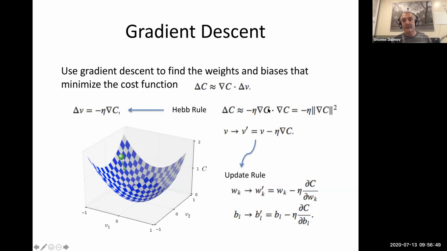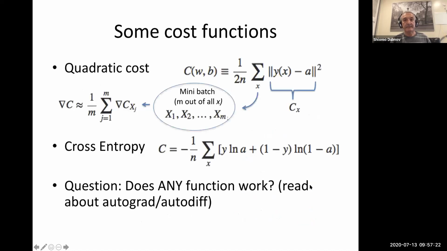Given the Hebb rule, we see that the change is proportional to the square of that gradient with some step, and this is our learning rate. The way we update the weights is that we take the previous weight and update it by this delta. Written back in the notation of the previous slide, we have exactly the same thing: the V's become the weights and the biases, and we update them every step with this gradient calculation.